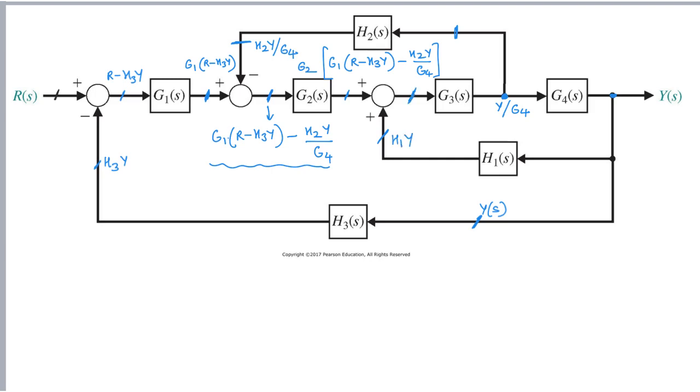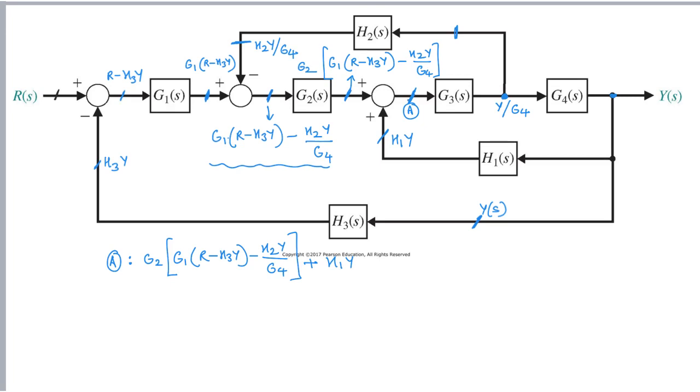Let me just write it as A and write A here, so that it is clearer. So A is going to be G2 (G1 (R minus H3Y) minus H2Y over G4), so that's the signal there, plus H1Y. That's the signal at point A.